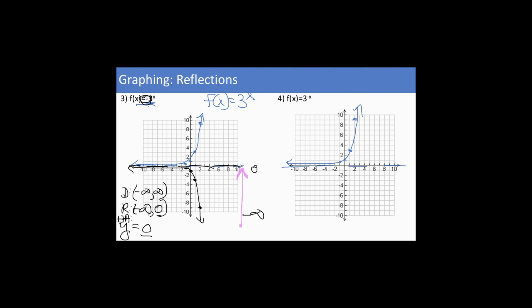So what does the negative do? Now it's at the x. It's up here. It's not in front. We did this with square roots. Parabolas you couldn't see very well, but square roots we did and confused some of us. So it reflects over the y-axis or horizontally.